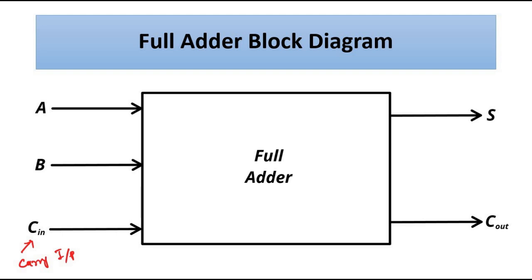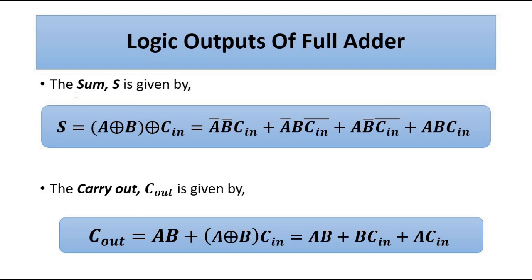full adder combinational circuit? We have to look at the Boolean expressions of the sum and the carry output lines. The sum output is given by A XOR B XOR Cin, the input carry, which can be written as A bar B bar Cin, or A bar B Cin bar, or A B bar Cin bar.